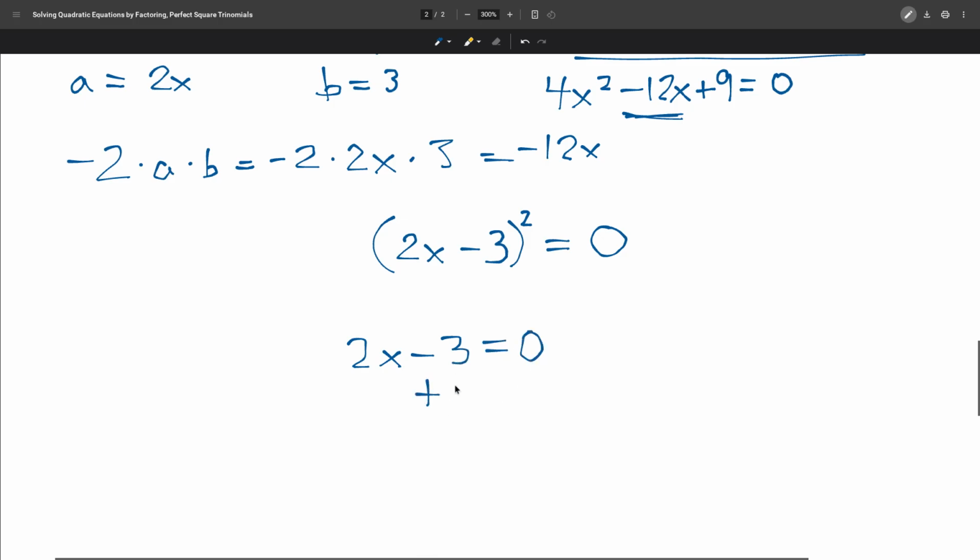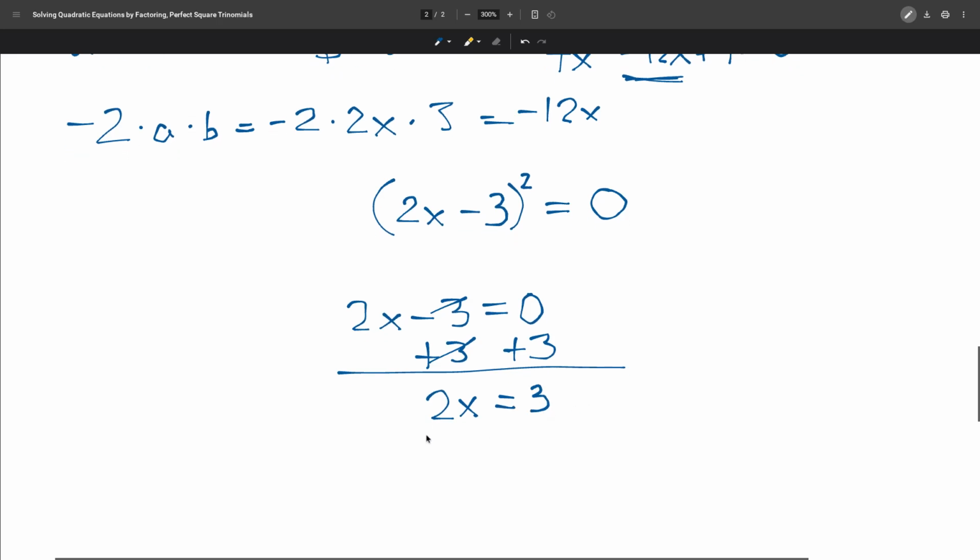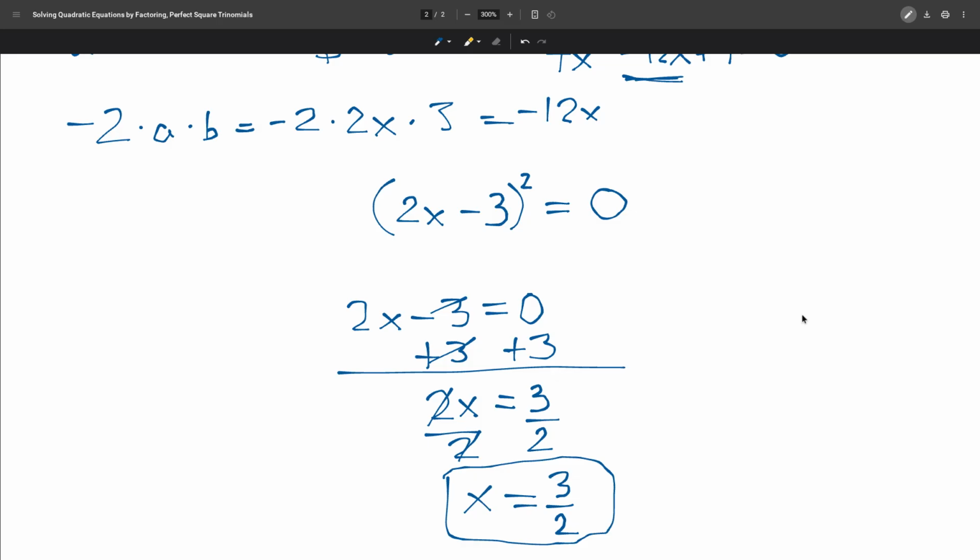We're going to add 3 to both sides to start. 3 minus 3 is 0. And we'll get 2x equals 3. We'll then divide by 2. And we get x equals 3/2, or we could do 1.5. So that's my solution to the third one.